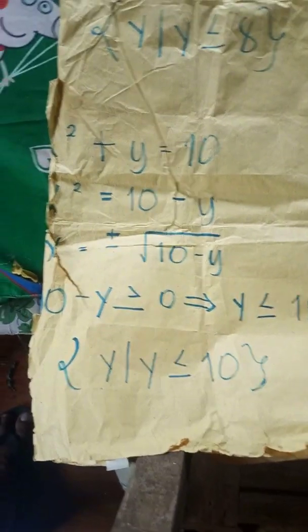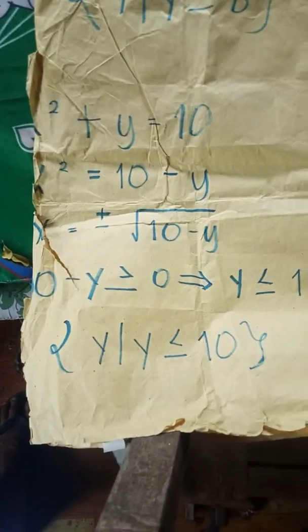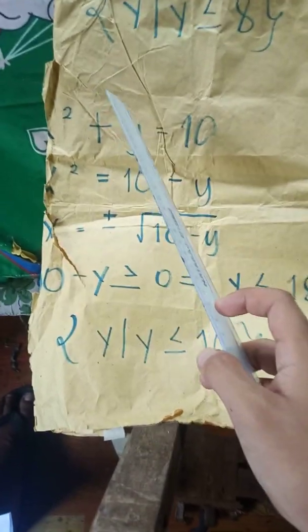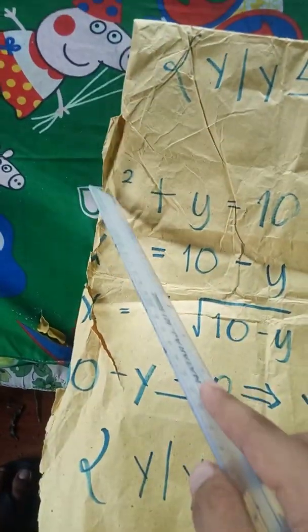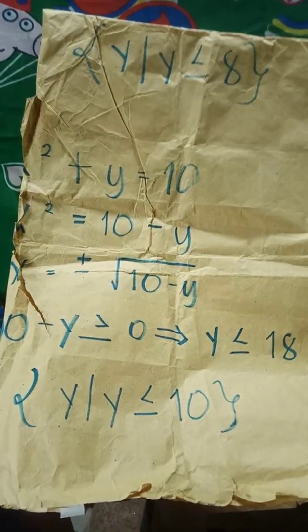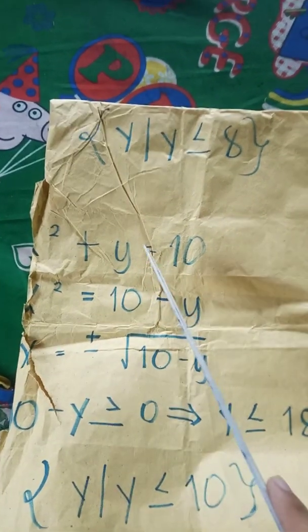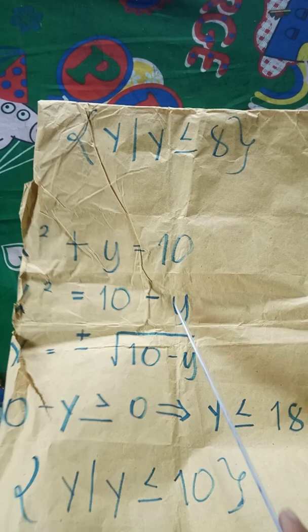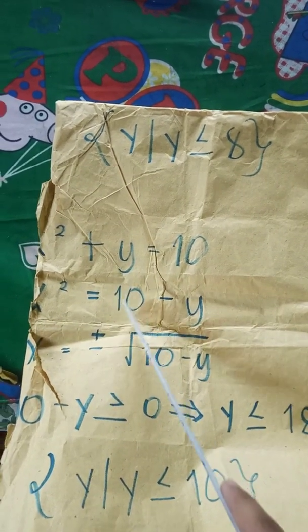So let's proceed to the other example. To find the domain, solve for x. So, x squared plus y equals 10. Same process as our previous example. The y is transferred to the right after the positive 10.